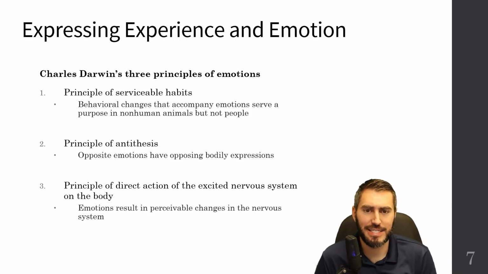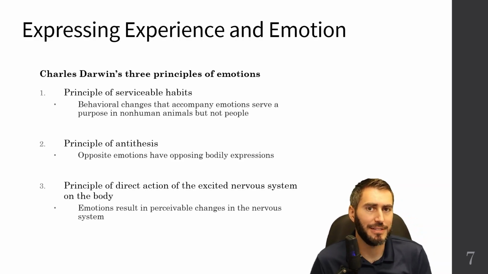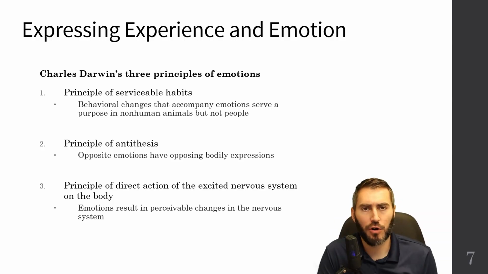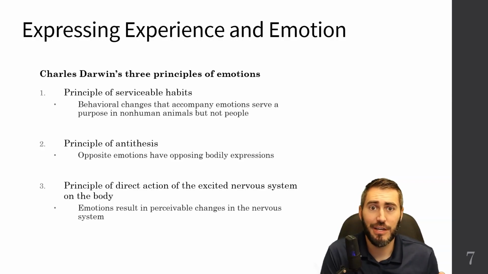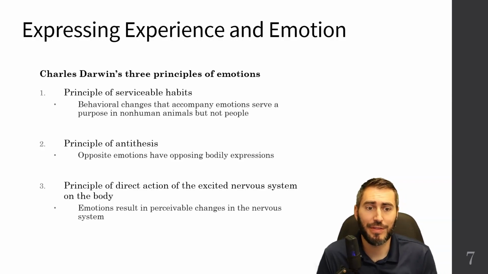The first one is the principle of serviceable habits. This is the idea that early on, in early species and other species, the behaviors associated with emotions were directly related to what that emotion was trying to convey. For example, a dog baring its teeth when it's angry or aggressive. That helped to demonstrate these cues and the meanings behind what that emotion was trying to convey.